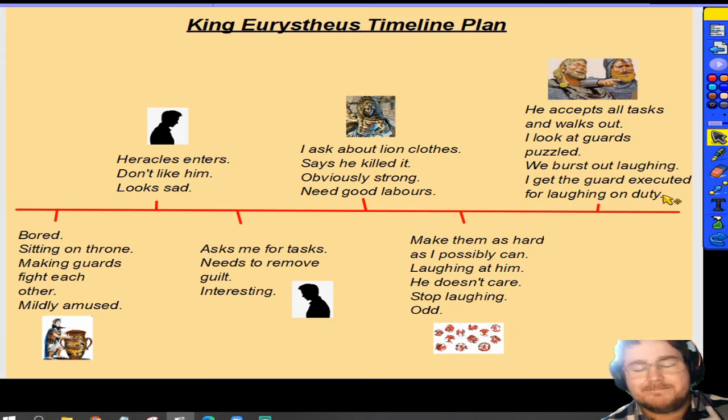I noticed that, you shouldn't be laughing. So I get that guard executed for laughing on duty because I'm evil. And I think that sums up a really interesting event. Although it's probably only about 15 minutes of a day, that is my timeline of that day in myth history: the day that King Eurystheus meets Heracles.